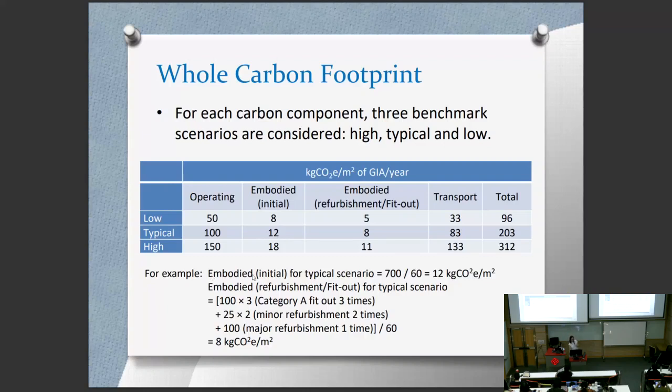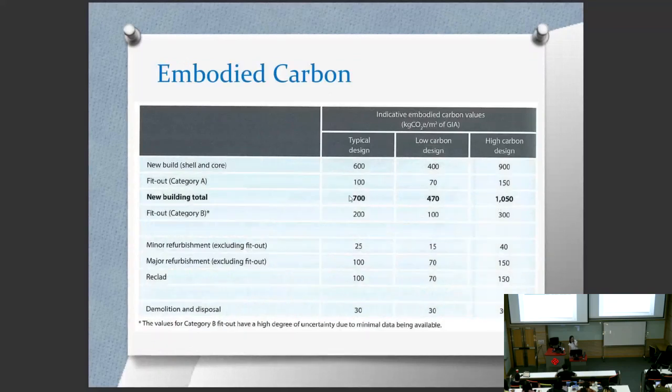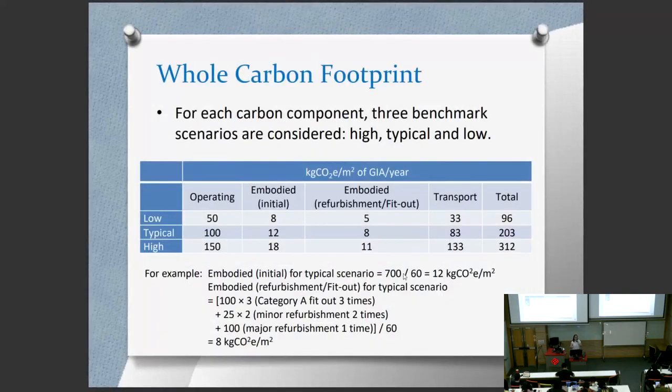If the initial embodied carbon is assumed to be 700, like in this table, and 700 is the initial embodied carbon for a building that can last for 60 years, then if we divide it by 60 years, this is the initial embodied carbon in a year.